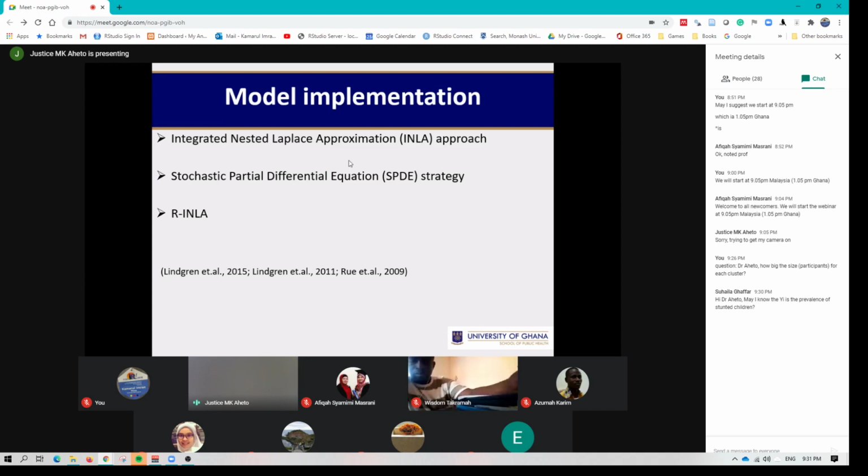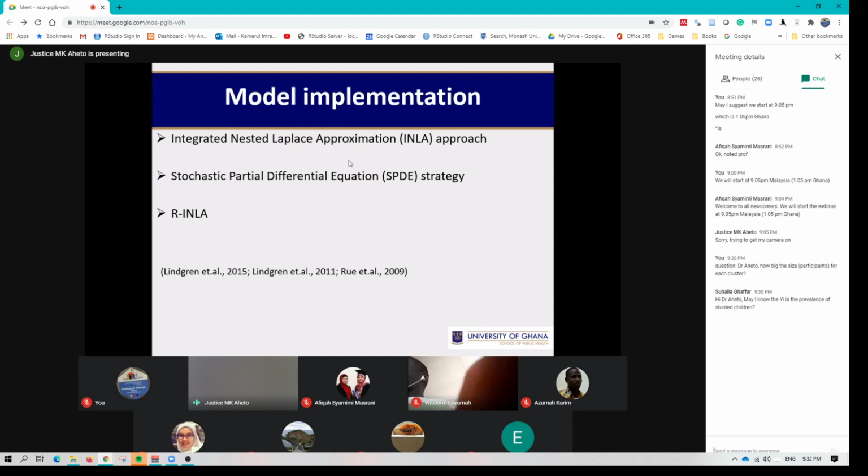So if you want to do that, then you really need to take into account the fact that not all locations were sampled. And for that matter, you need to develop another space where you can map your predictions. So in that way, SPDE came in handy, because we can establish a correlation between the sampled and the unsampled locations based on the data available to us.